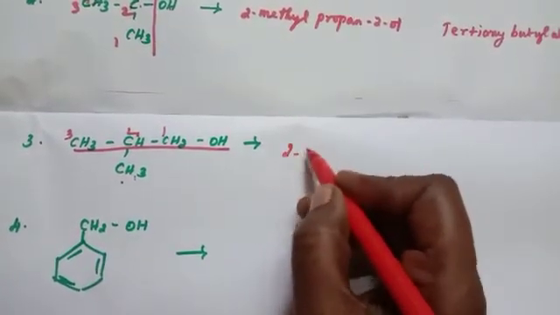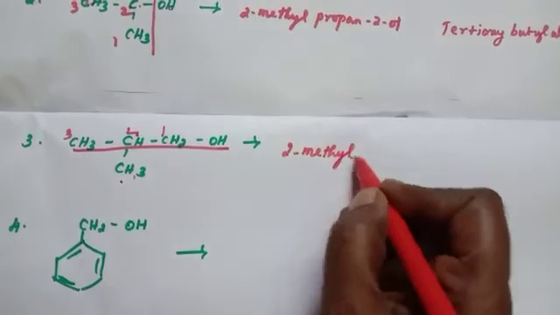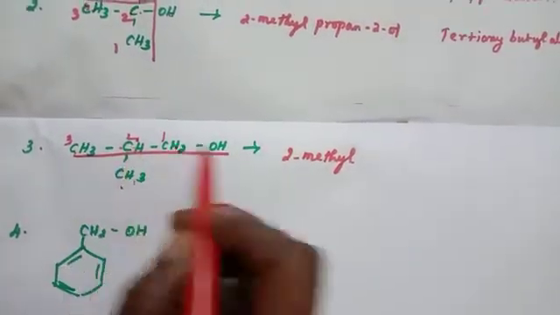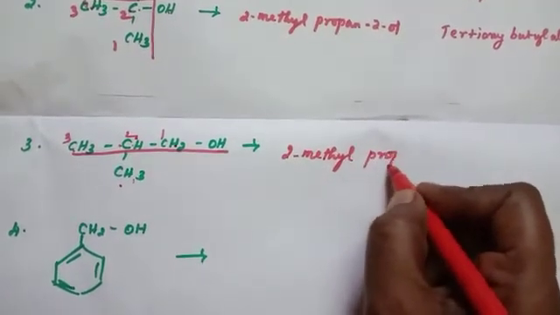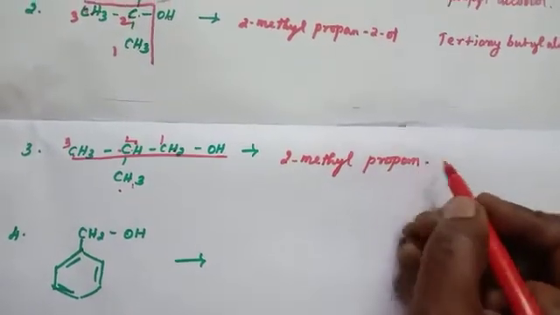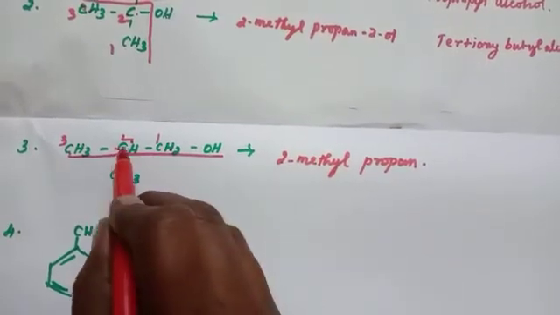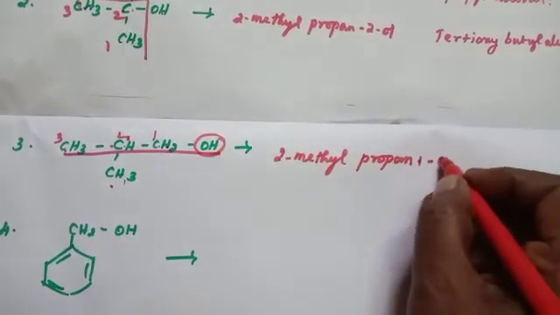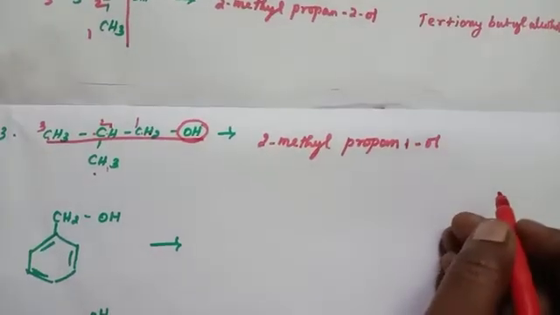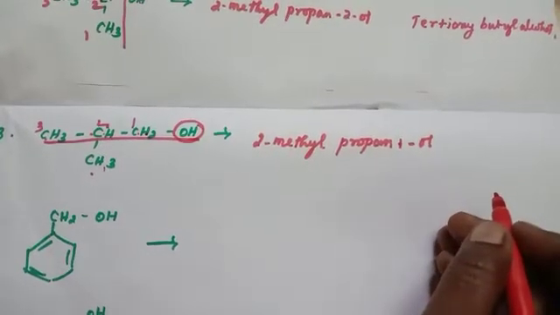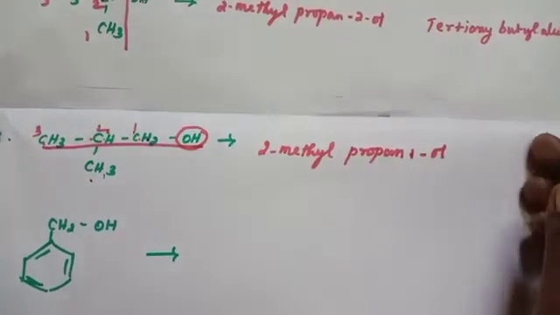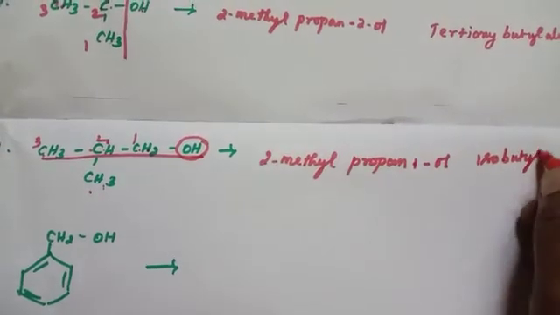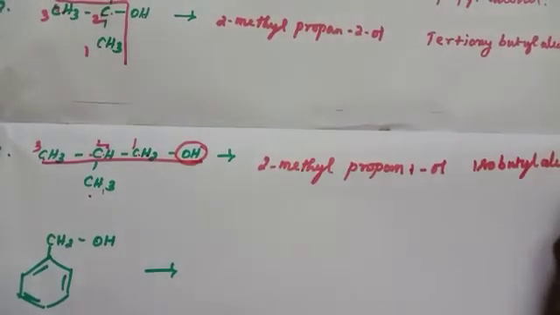So 2-methyl. The root word is propane. In the first carbon the OH group is attached. So 1-ol. The IUPAC name of the compound is 2-methylpropan-1-ol. And the common name is isobutyl alcohol.